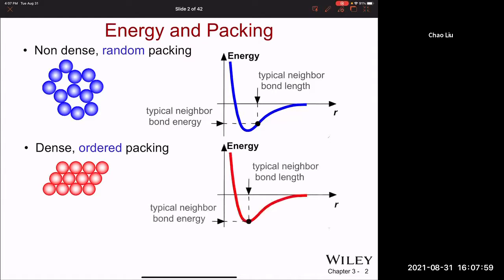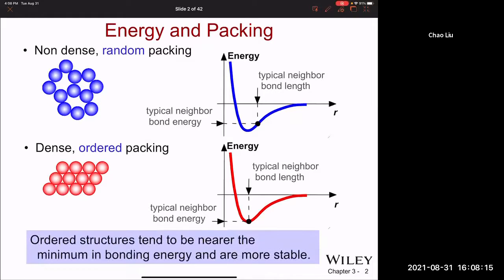When that is the case, the location of the lowest energy is the bond energy between the atoms, and then you get this kind of picture. In our case, we are more focused on the dense packing. An ordered structure will have the minimum bonding energy, and it is more stable.